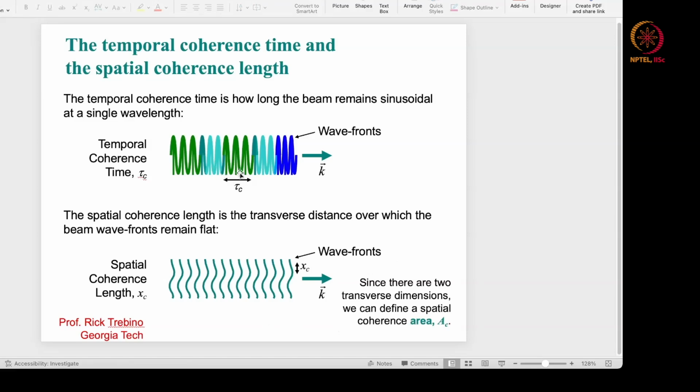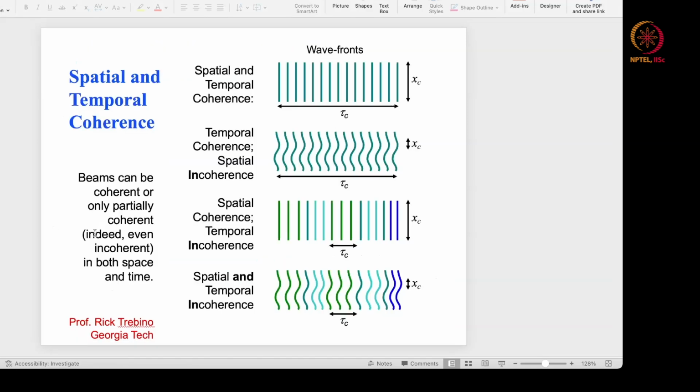So temporal coherence is the time that the beam remains sinusoidal at a single wavelength, and spatial coherence is the distance in the transverse direction over which the wavefront remains flat. So these are the two definitions. If you look at spatial and temporal coherence, this particular front, for example, is spatially and temporally coherent, because this is the tc, this is the xc.